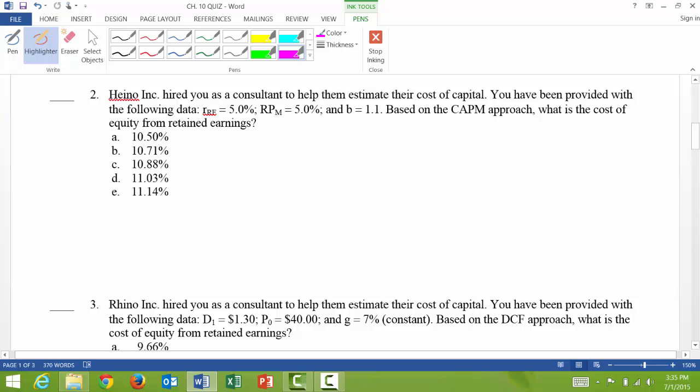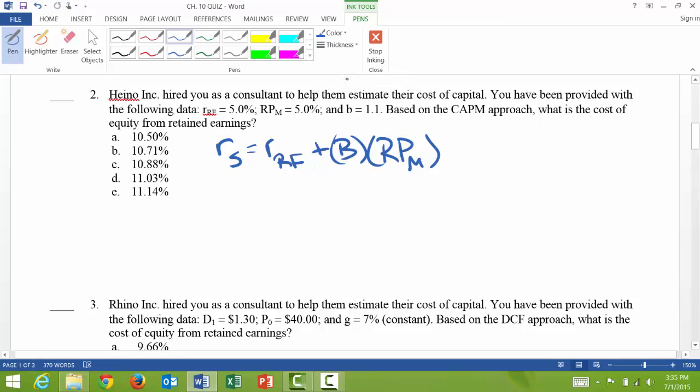Something Company Inc. hired you as a consultant to help them estimate their cost of capital. You have been provided with the following data: the risk-free rate, the market risk premium, and beta. Based on the CAPM approach, what is the cost of equity from retained earnings? This is just saying use the CAPM equation, where you have the risk-free rate plus beta times the market risk premium.